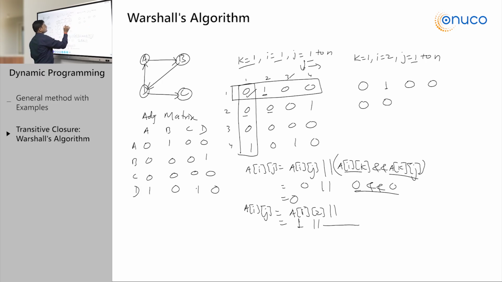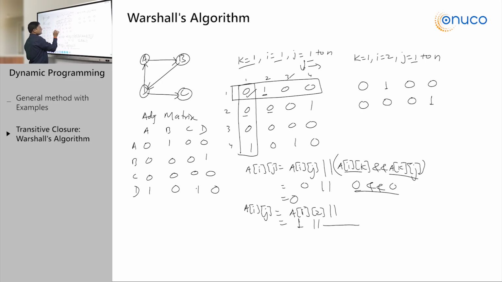Here, these positions also are not going to change. Similarly, this will remain 1 for k equal to 1, I equal to 2, j equal to 1 to 4.